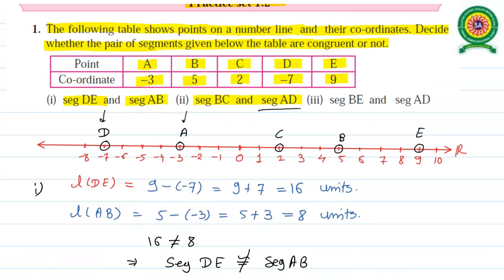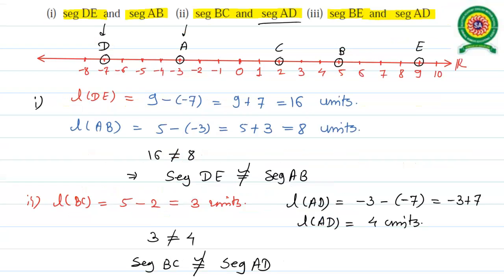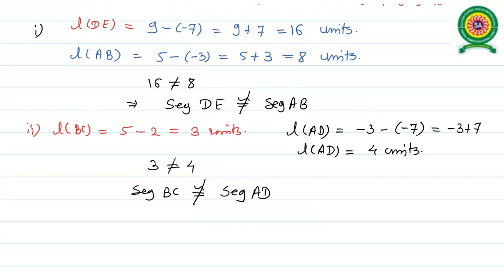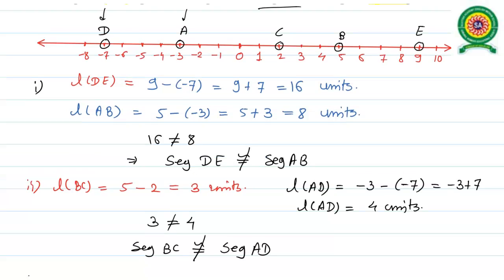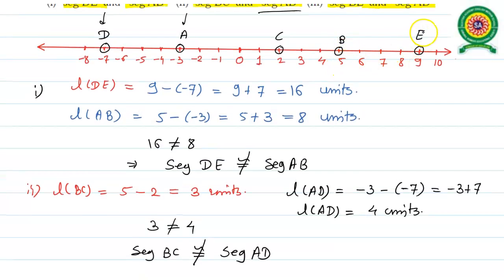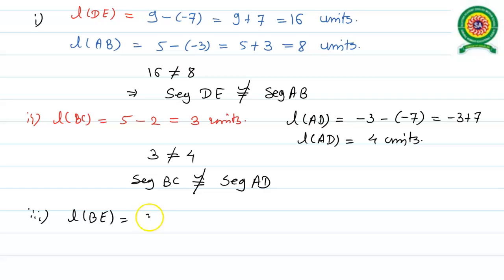Now look at the next sub question, segment BE and segment AD. First of all find the length of BE. Looking at the number line, B is at 5, E is at 9. So we do the subtraction 9 minus 5, and we get 4 units.